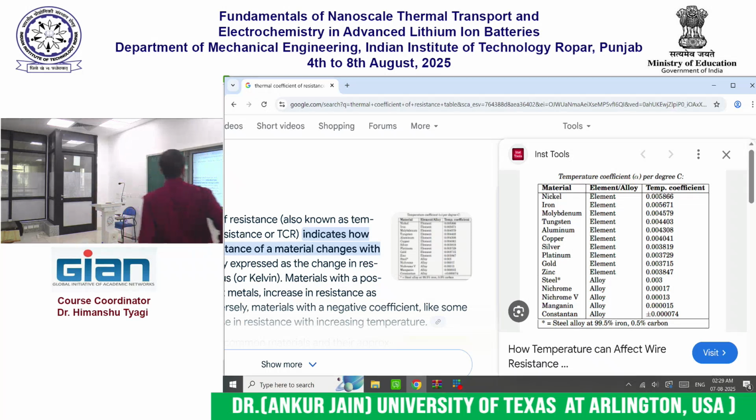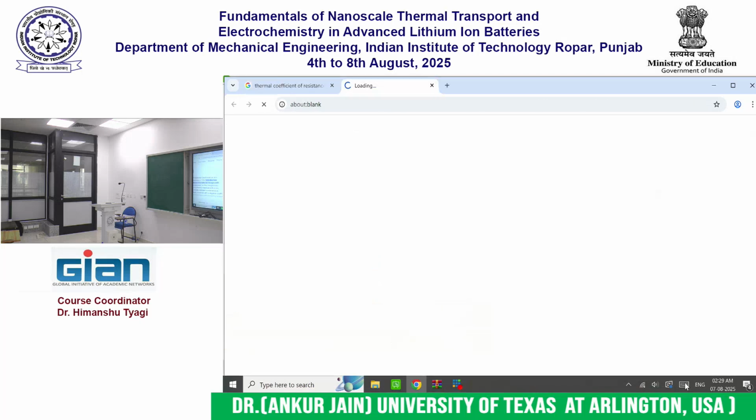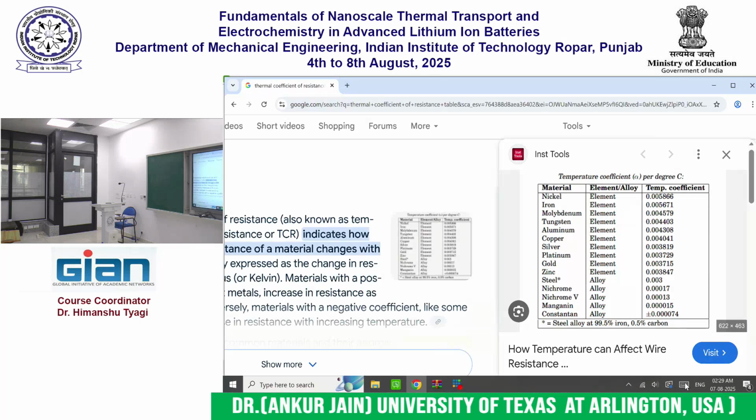But nevertheless, there are some materials that have reasonably high temperature coefficient of resistance. Nickel being one of them, iron being one of them, and so on. I want to stay away from these guys. And by the way, these alloys that have extremely low temperature coefficient are designed that way.